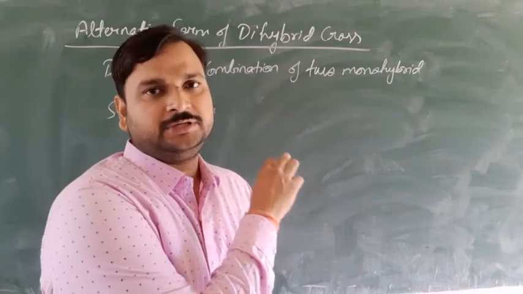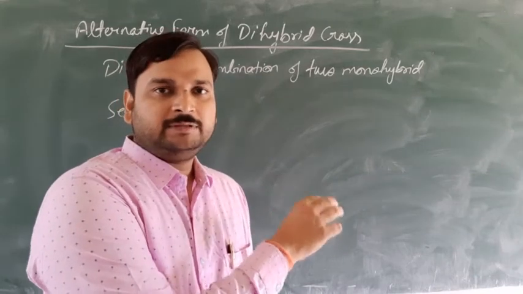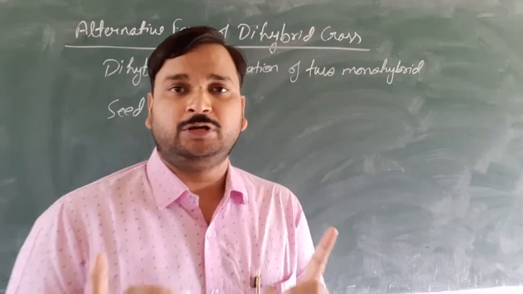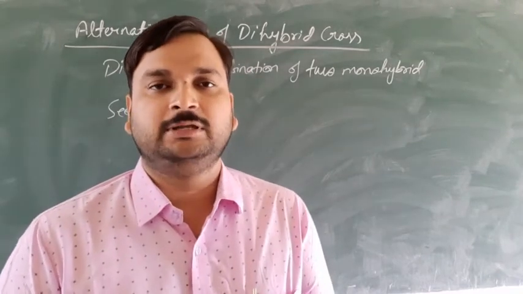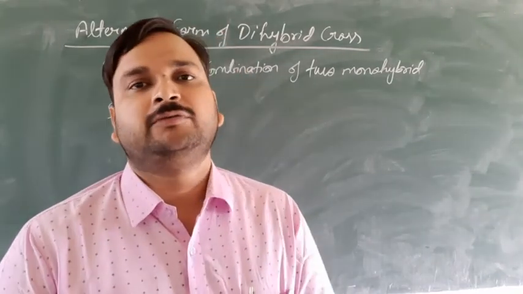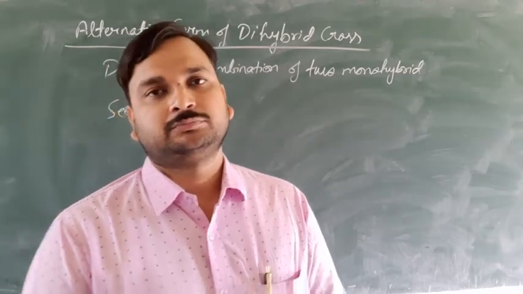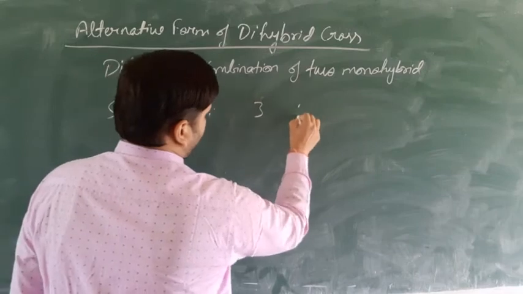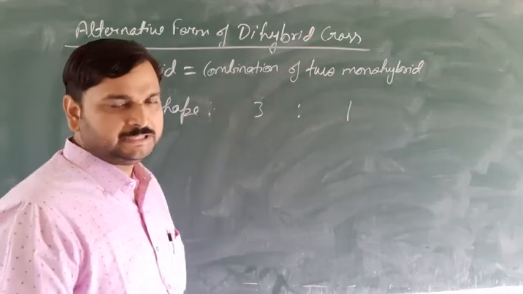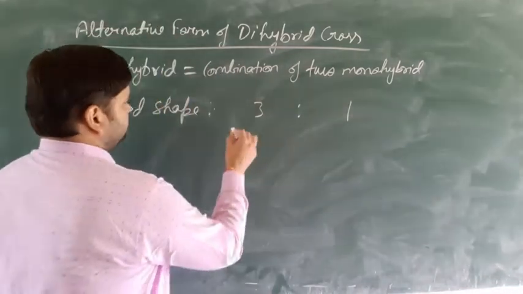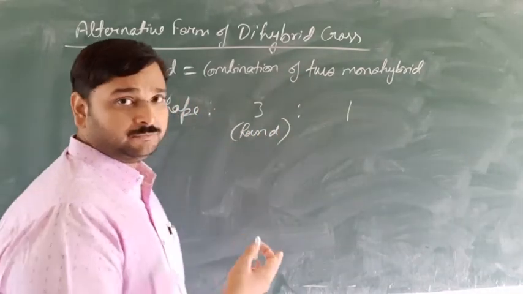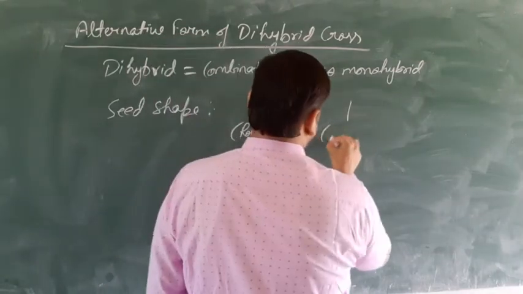What will be the phenotypic ratio if you take seed shape as the only character? That is very simple, it will be 3:1, in which 3 will be round and 1 will be wrinkled.